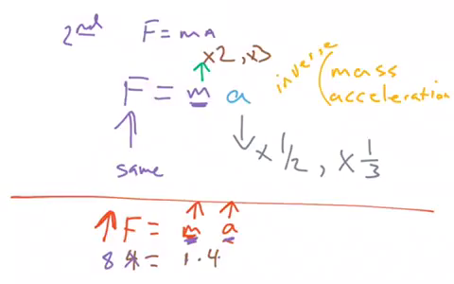An inverse just means if one goes up, the other one goes down. If one goes down, the other one goes up. The relationship between force and either mass or acceleration is what's called a direct relationship, which means as one goes up, the other one has to go up. So as I increase force, either mass or acceleration increases.